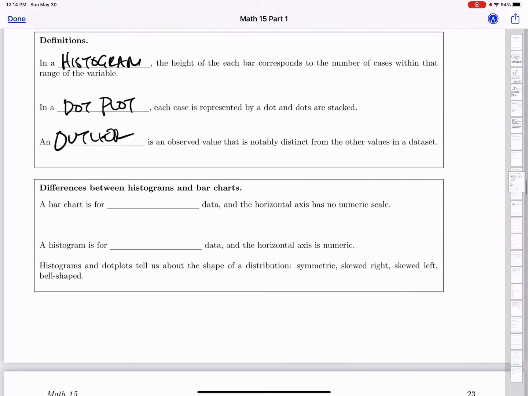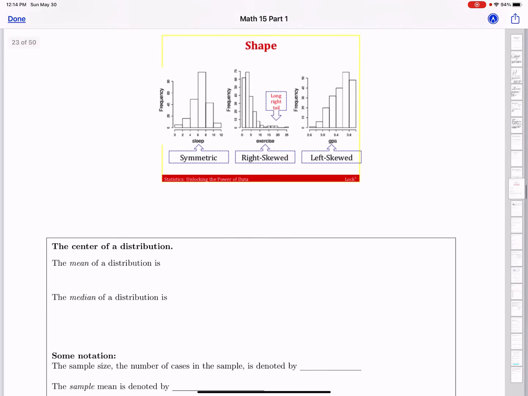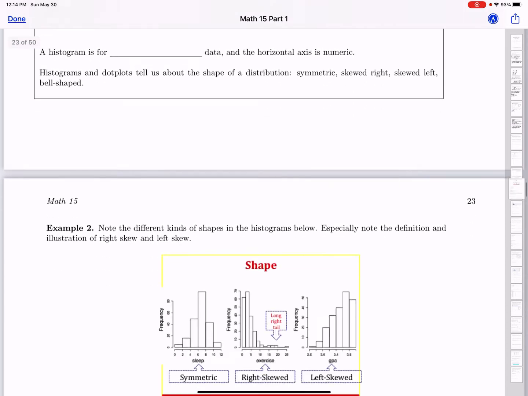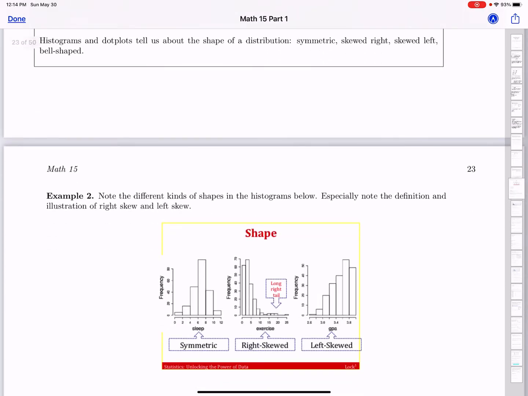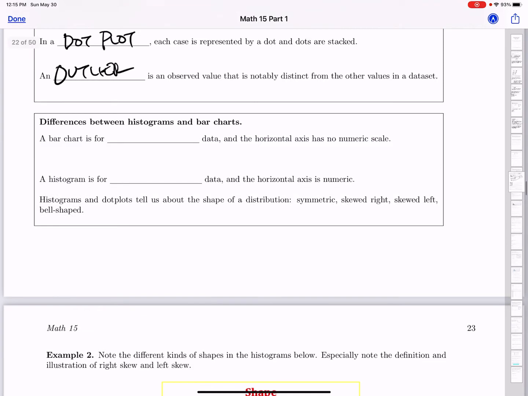Now a histogram, we haven't seen one yet. I'll just peek ahead, we can take a look. There are some histograms. Each bar tells you how many cases are in that range of the variable. They do remind us of a bar chart, but a bar chart is for categorical data and a histogram is for quantitative data.